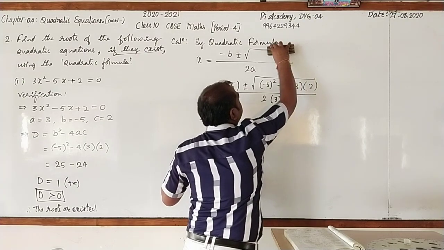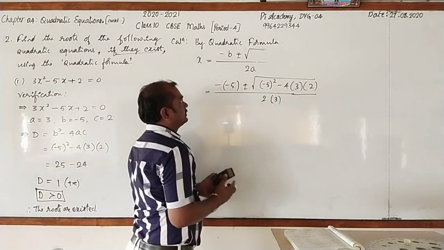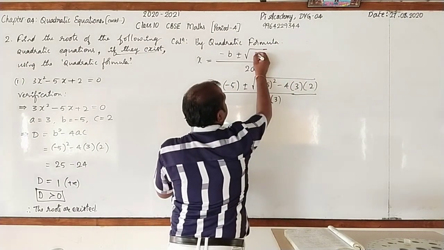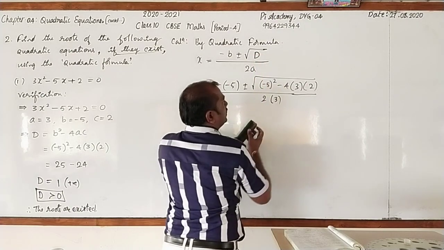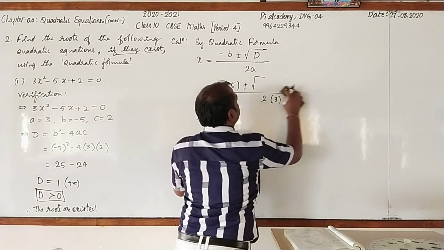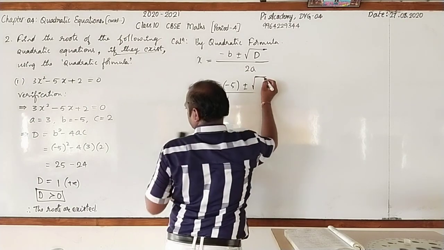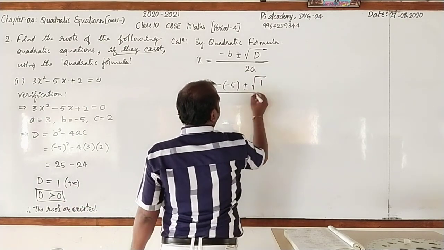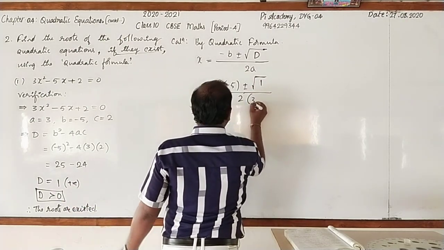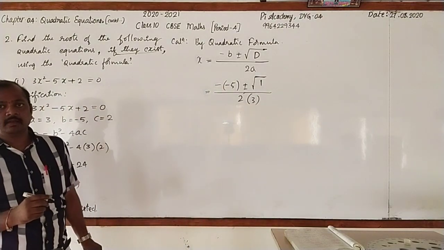I'll tell you in a simplest method. It is b square minus 4ac, which is nothing but discriminant. What is the discriminant value? Just we have found out, this is 1 divided by 2 into a is 3. Is it not simple? Yes.